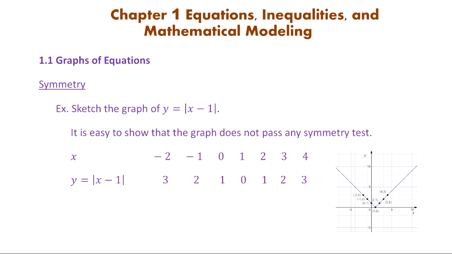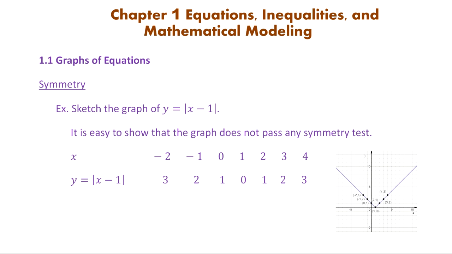So we can use the previous techniques to check if there is any symmetry with respect to the x-axis, the y-axis, or the origin. If you do that, none of them is satisfied.